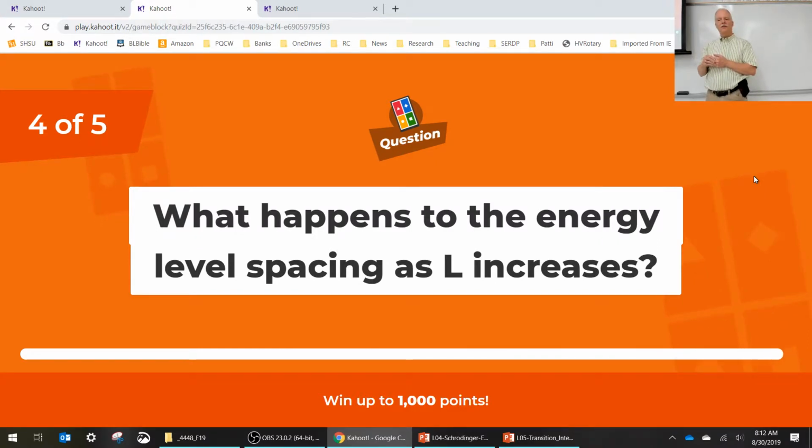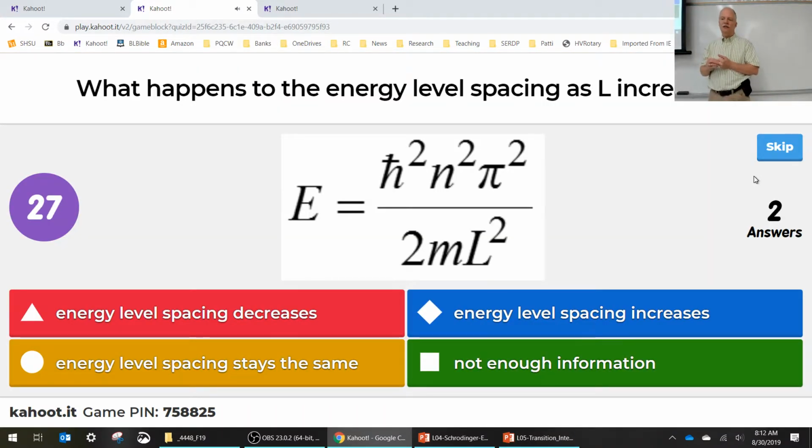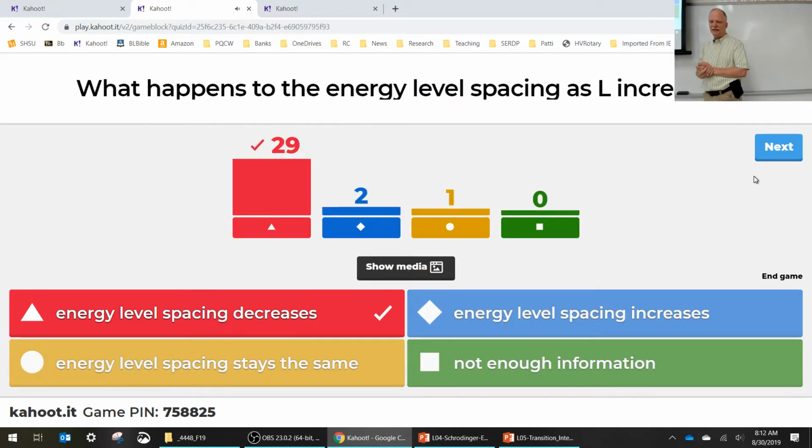What happens to the energy level spacing as L increases? Very good, because that L is in the denominator, so if it gets big, the energy drops of all the quantum states, so they get closer and closer together.